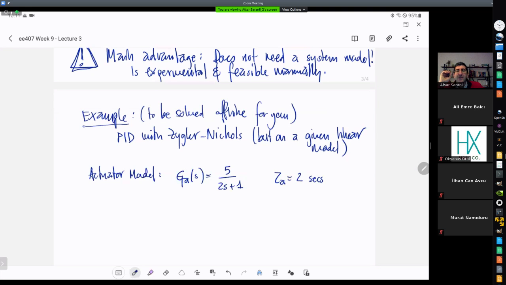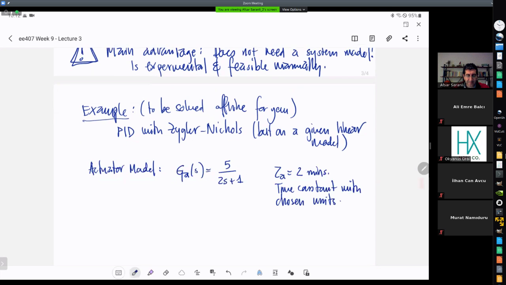You cannot give one time constant in seconds and another in minutes, okay? If one of the time constants is in seconds, all of them should be in seconds, okay? Time constant with chosen units. In fact, in my notes, this is not seconds, but minutes. So this is more like a heating system or something like that, okay?